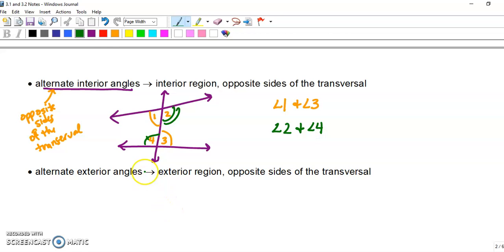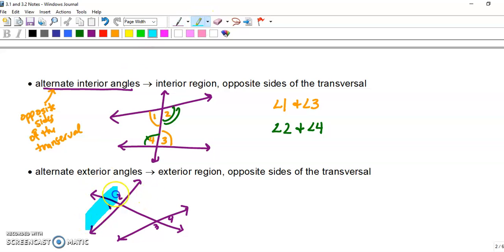So in the same fashion, we could have alternate exterior angles. It doesn't matter what the orientation of these lines is. Exterior is going to take it down to these four angles. The way I have this labeled, exterior is outside of the two lines, and alternate means opposite sides of the transversal.